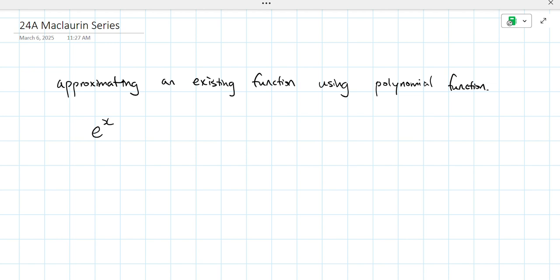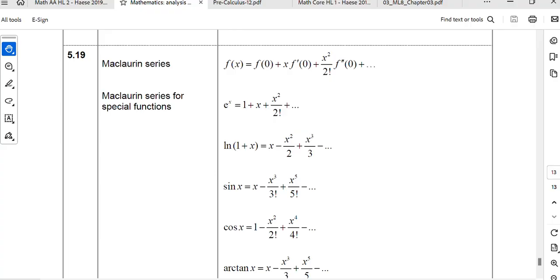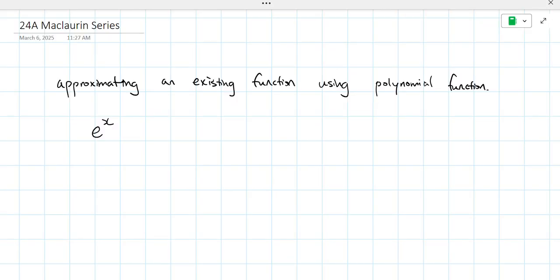Let's say we have a natural function, e to the power of x. Do you like e to the power of x? I personally love e to the power of x, but it's not as easy as a polynomial function. So apparently, on the formula booklet, it says the Maclaurin series for e to the power of x is 1 plus x plus x squared over 2 factorial plus dot dot dot.